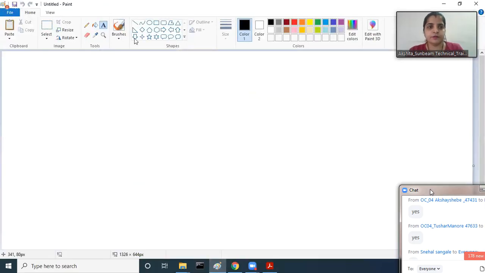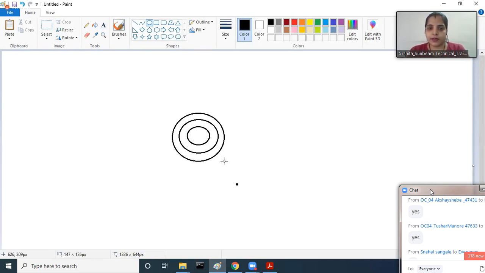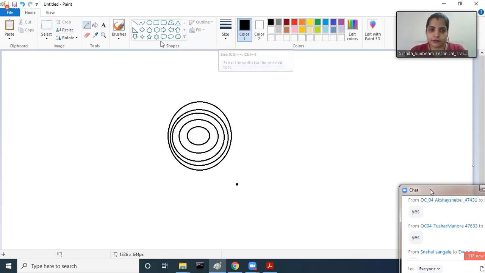For example, if I'm talking about this disk, assume the disk is divided in the form of concentric circles, right? Now, consider this is basically in a circular fashion.